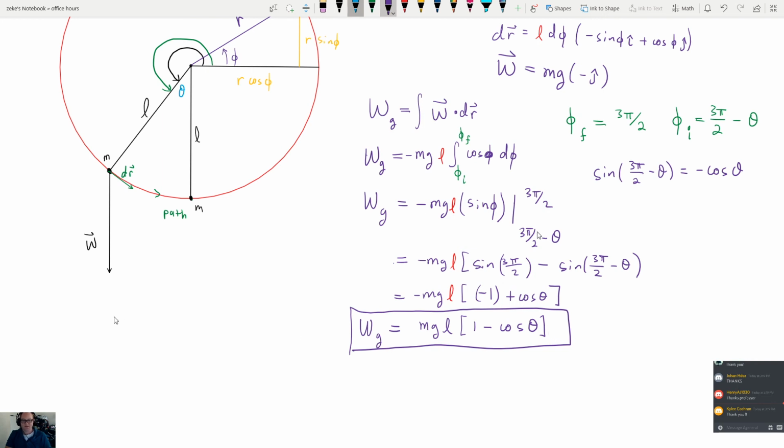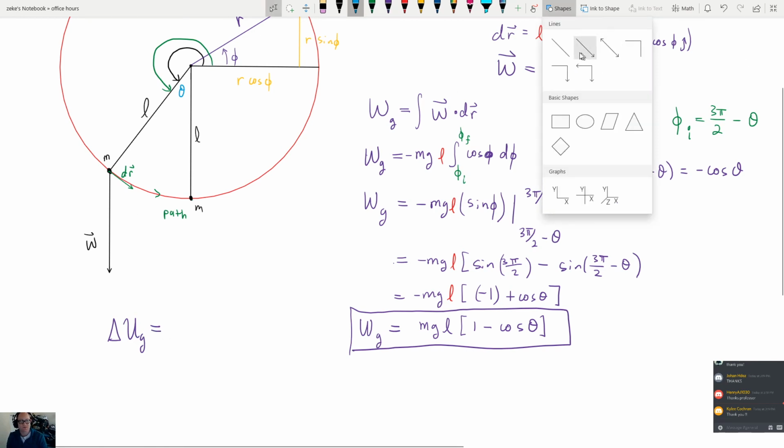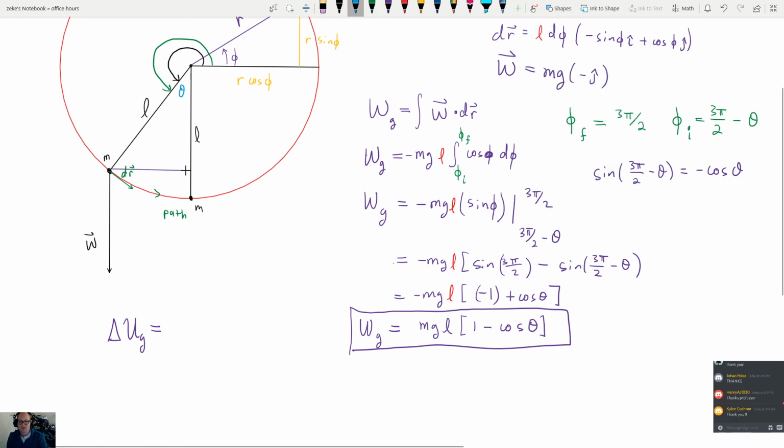In addition, if you calculate the change of potential energy due to gravity in this situation, and we need to draw one more line to do this, by drawing a line here, where we say that this is our initial y-coordinate, and we say that this point right here is going to be our final y-coordinate, then you can prove that y initial is going to be equal to L times 1 minus cosine theta with a little bit of algebra, or a little bit of trig, which we did in class.